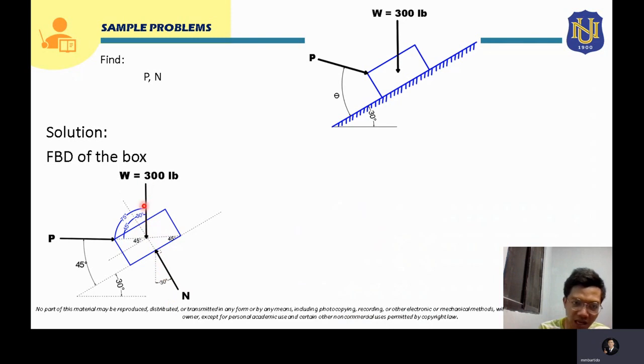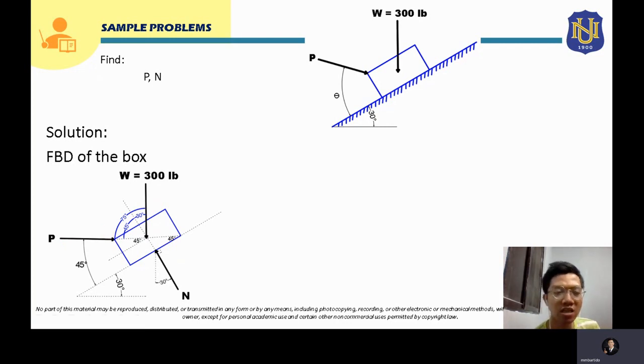Since this is vertical, this angle is also 30 degrees. So this angle plus 45 degrees will be the angle of P from the vertical axis. This will just be 30 plus 45, which is 75 degrees. So this will now be the angle of P from the vertical axis.